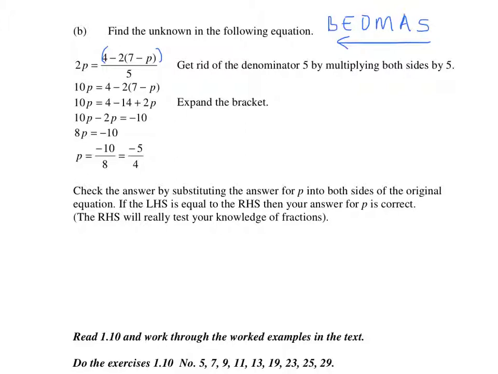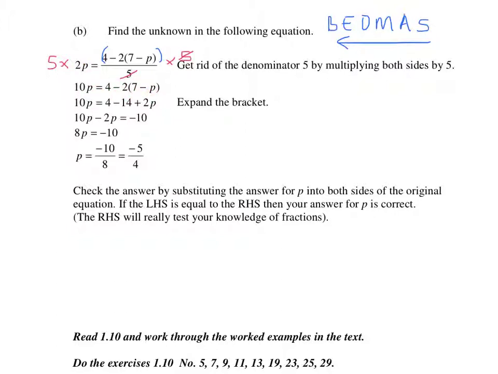So we can do that by multiplying both sides by 5. And on the right hand side, 5 divided by 5 is 1. So we just come back with the original expression that was the numerator, and on the left hand side 5 times 2p is 10p.